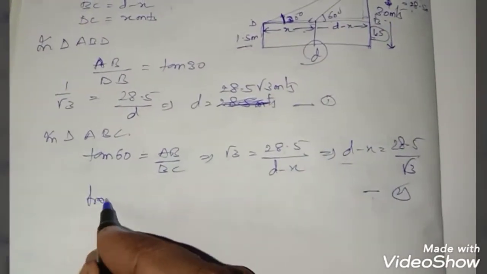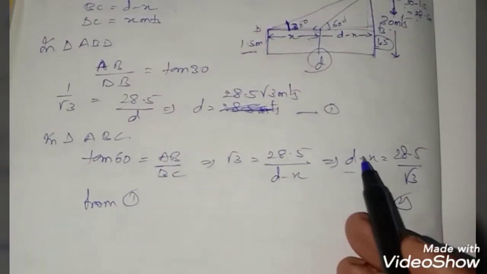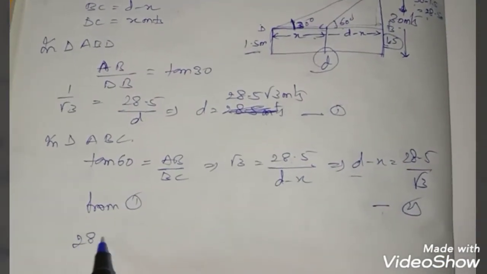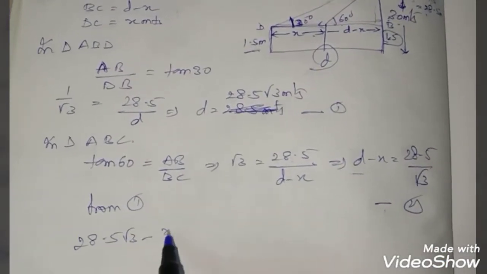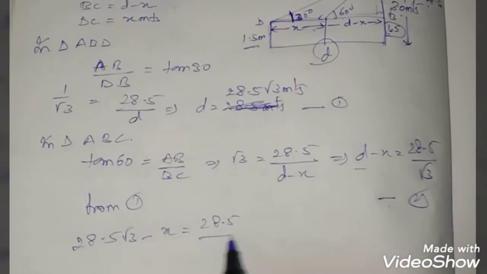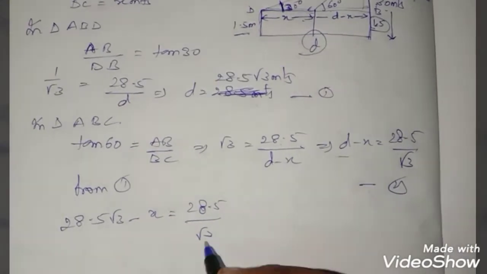Now from 1, in the place of D, if I write here 28.5 root 3 minus X is equal to 28.5 by root 3, right?